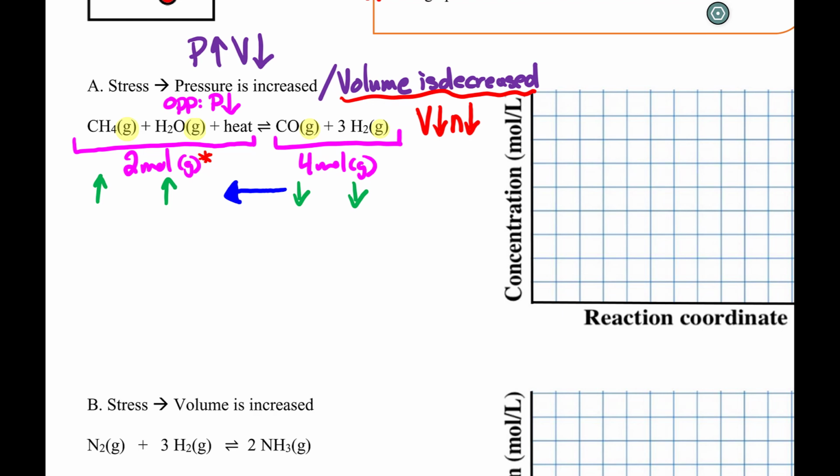In order to figure out what happens in a graph, there are 2 parts to it. We have to figure out what happens at the stress point, and then what happens to try to get back to equilibrium after the stress point. We already know what's going to happen after the stress point. The concentrations of the two reactants are going to go up, and the concentrations of the two products are going to go down. These green arrows tell me what happens after the stress has been applied, not at the stress point.